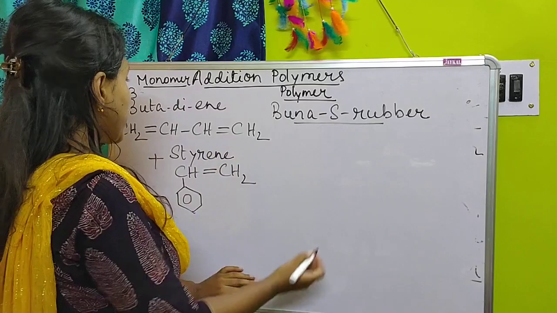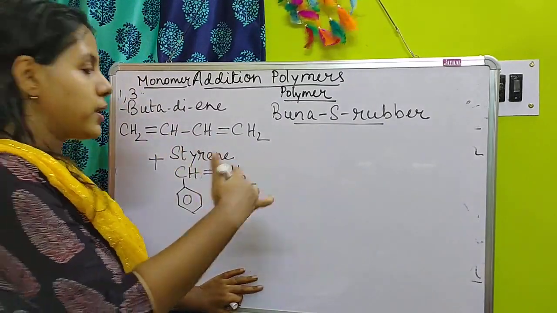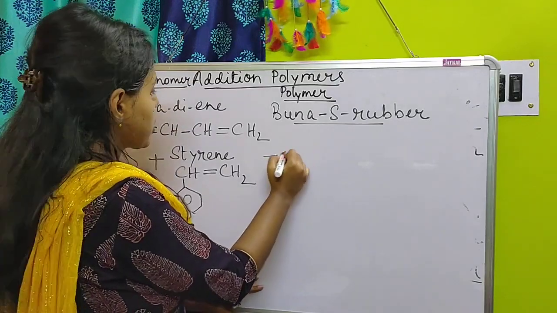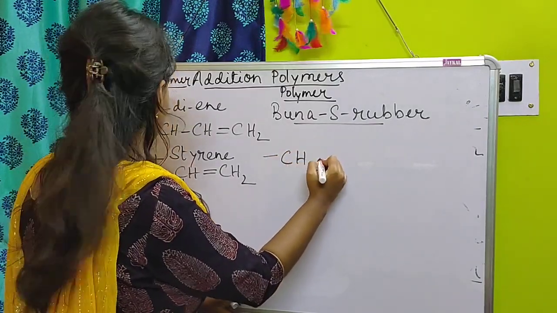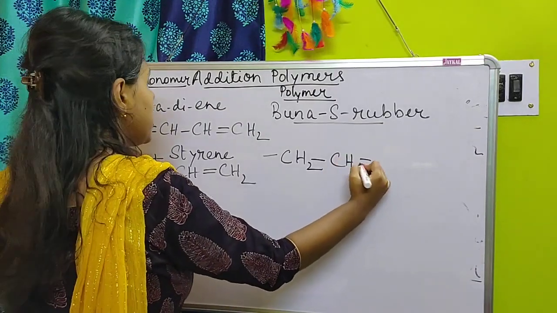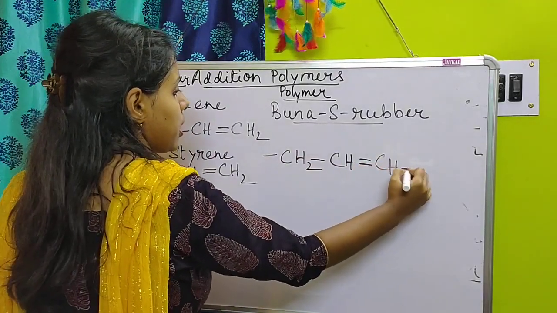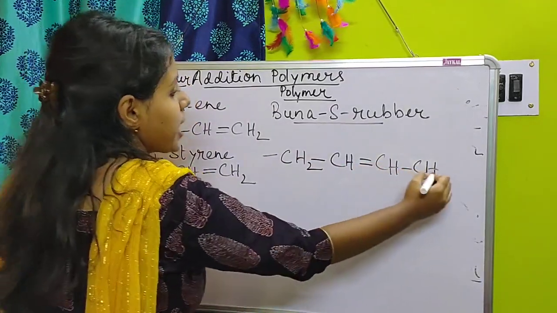After addition, again there will be the change of double bond to single and single bond to double. Single bond CH2, single bond CH, double bond, single bond CH2.